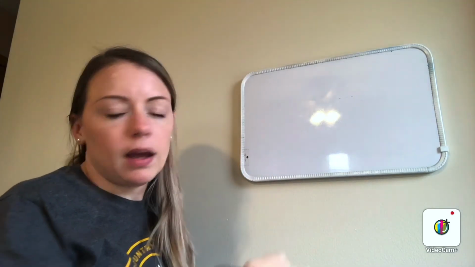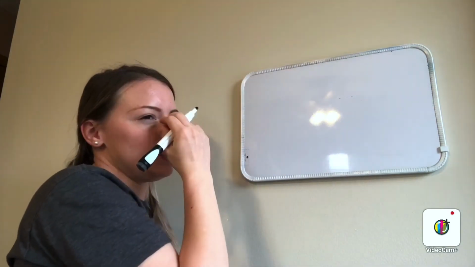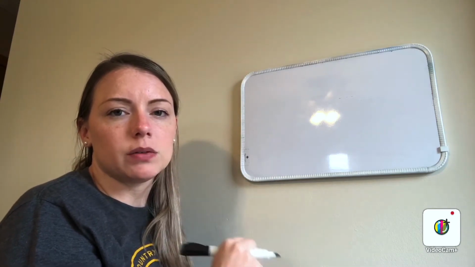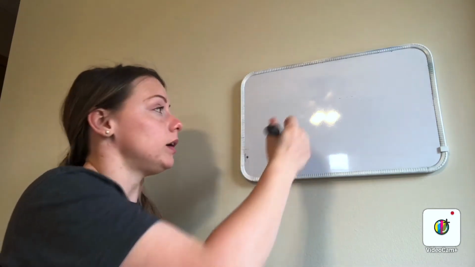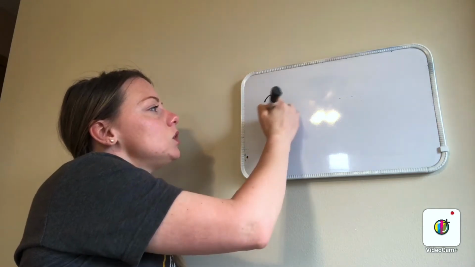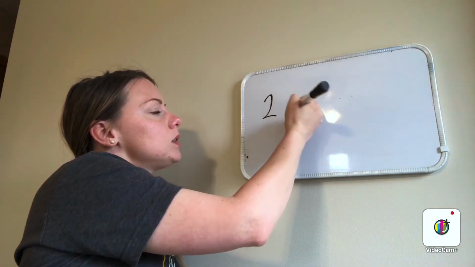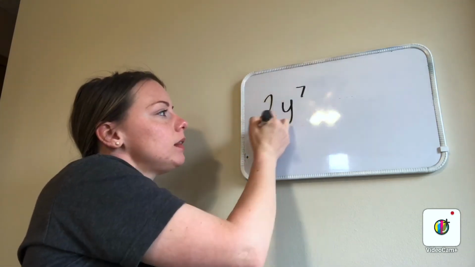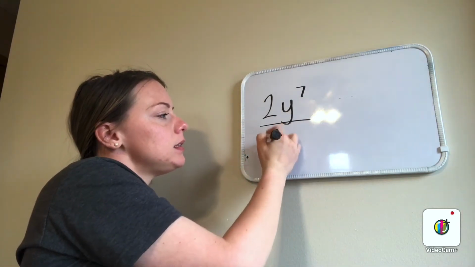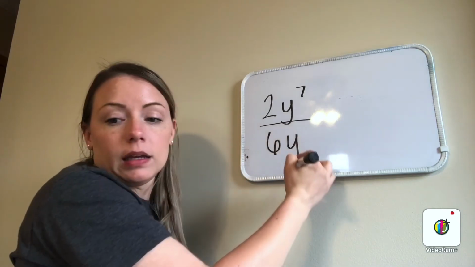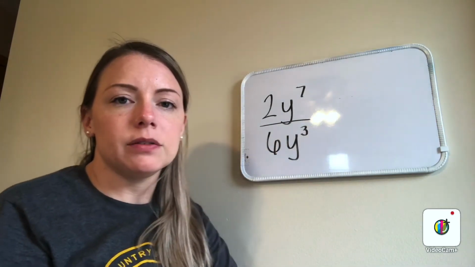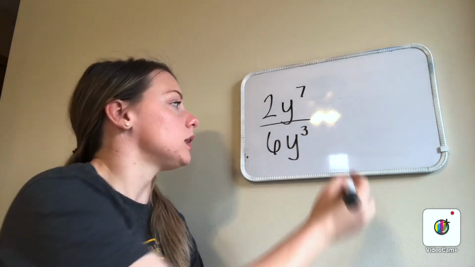Now my other example, I'm going to alter that a little bit just because I want to remind you of how some of these can look. If I had 2 times y to the 7th and 6y to the 3rd, I would divide or reduce my numbers like normal.